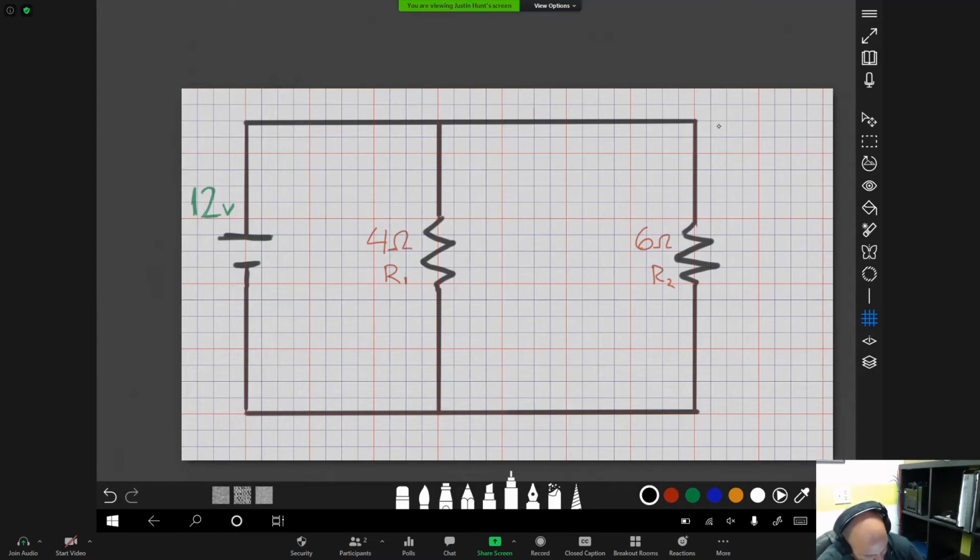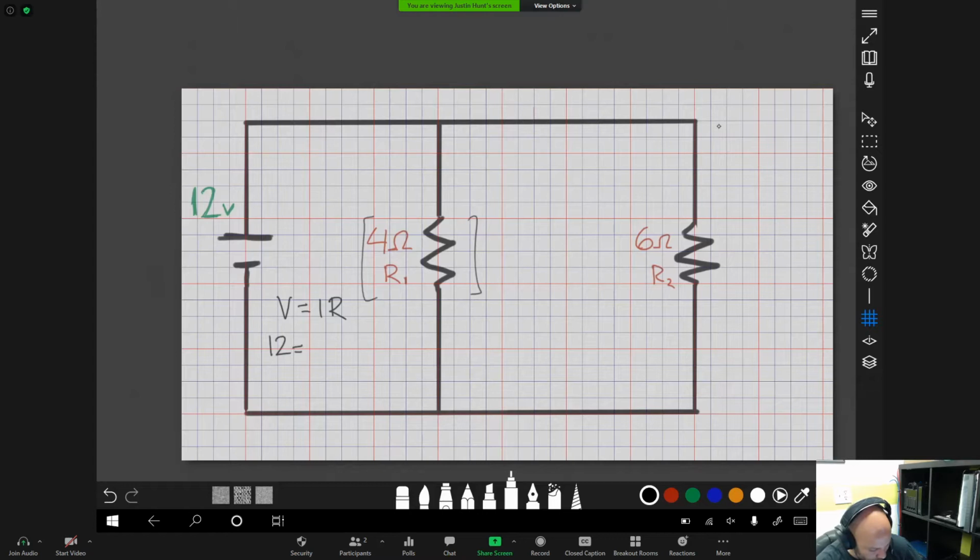We are going to be bringing Ohm's law into the mix. V is equal to IR. And what we're trying to do is find out how much current is running through this guy right here, R1. Pretty simple it should be, right? Since the voltage is going to be consistent, let's replace what we can. We know 12 volts is going to be here.